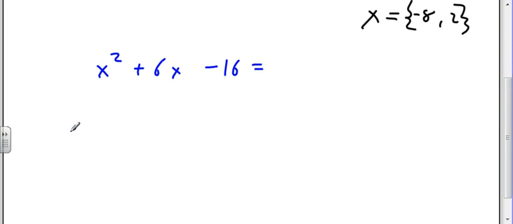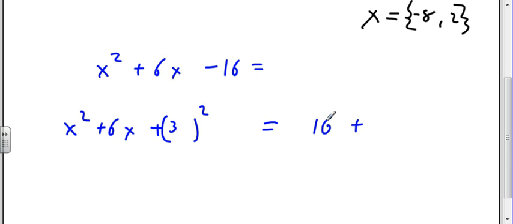Anyway, so I'm going to have x squared plus 6x. Half of 6 is 3, right? So we're going to go plus 3 squared is equal to 16 plus 9, because I look at 3 squared and I see that that's 9.